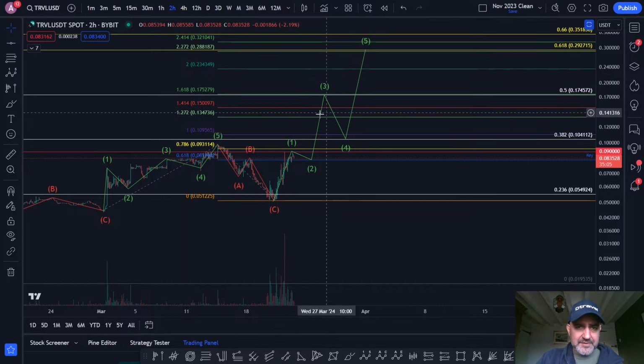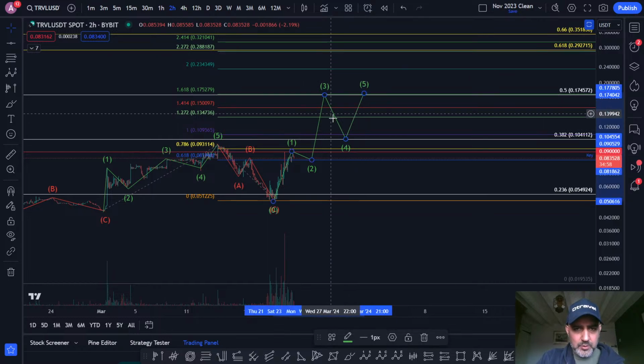So we have to see if we get up to this level and we pull all the way back to this 10 cents mark, not to 9 cents. I think if we can hold 10 cents, this 0.382 would be better.